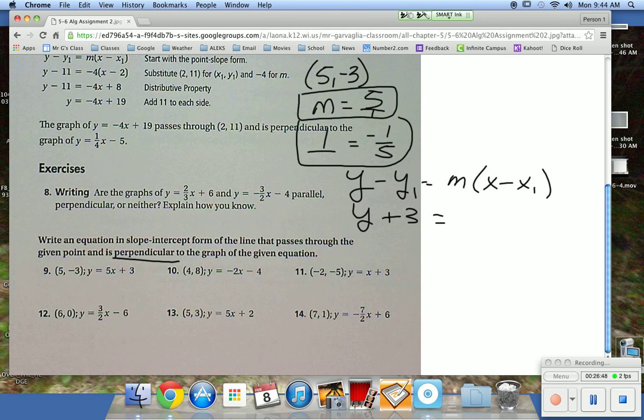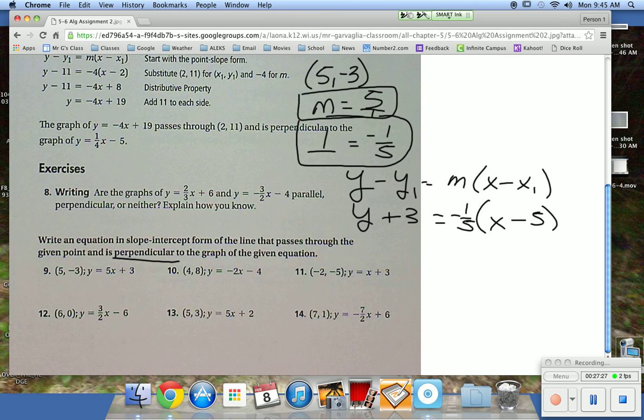This is my perpendicular slope, right? What do I put in for slope? Negative 1 over 5. And then I go x minus my x1, which is what, JT? Hallie, what do I put in for my x1? Five.